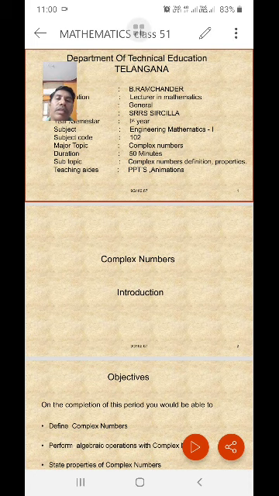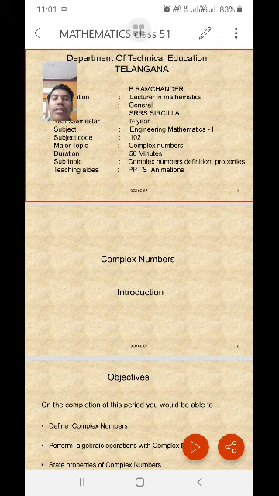So that means another number set is there which is bigger than real numbers. So the other number set is nothing but complex numbers. So in the complex numbers we have all these number sets, that is natural numbers, whole numbers, integers, rational numbers, irrational numbers, real numbers.